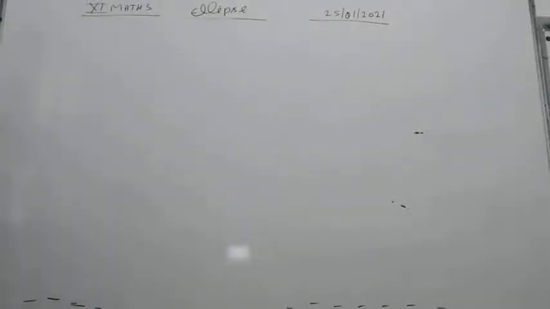Our next question is, student, a man running a race course notes that the sum of the distance from the two flag posts from him is always 10 meter. Okay, it is given that the sum of the distance from the two flag posts from him is always 10 meter.